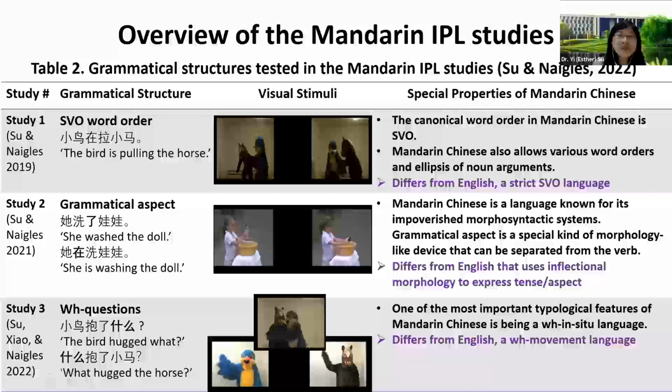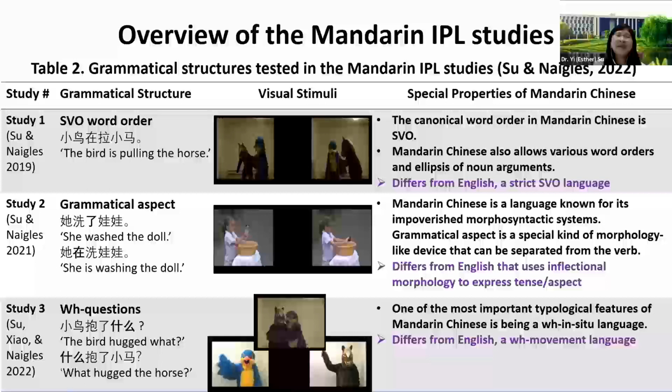For the grammatical structures tested, like in previous English studies, we tested SVO word order, 小鸟在拉小马.